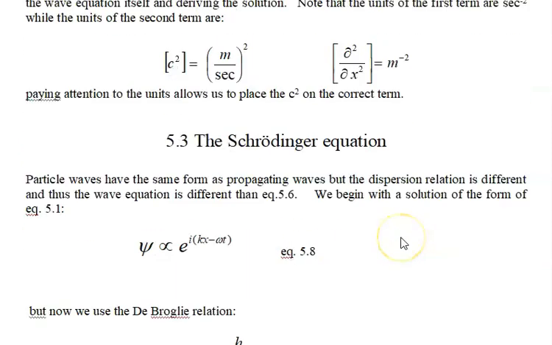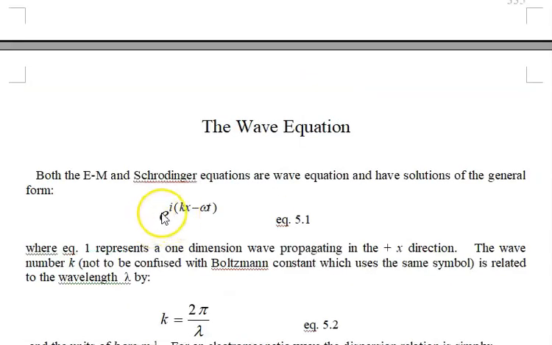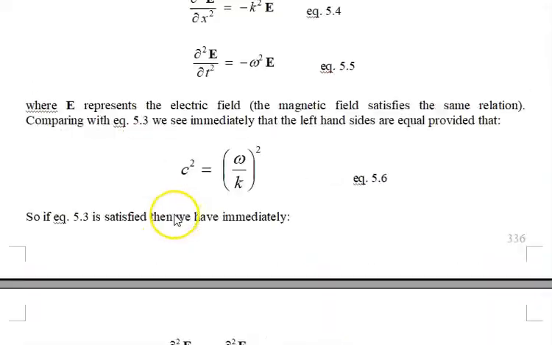Okay, so now let's take a look at the Schrodinger equation. In the Schrodinger equation, we also have a wave, but it's not the same as the equation here. This describes either the time variation or the spatial variation.